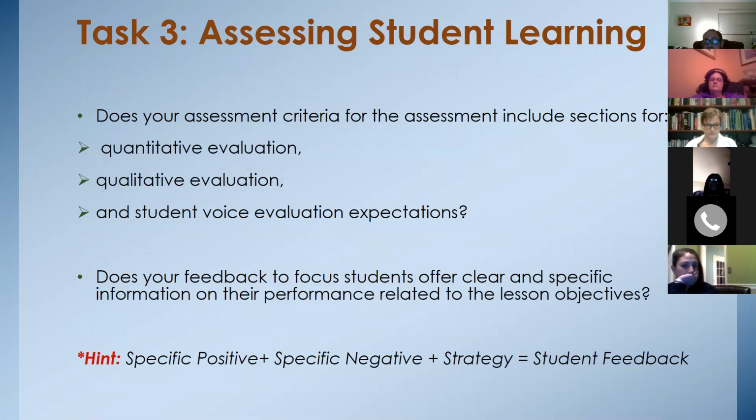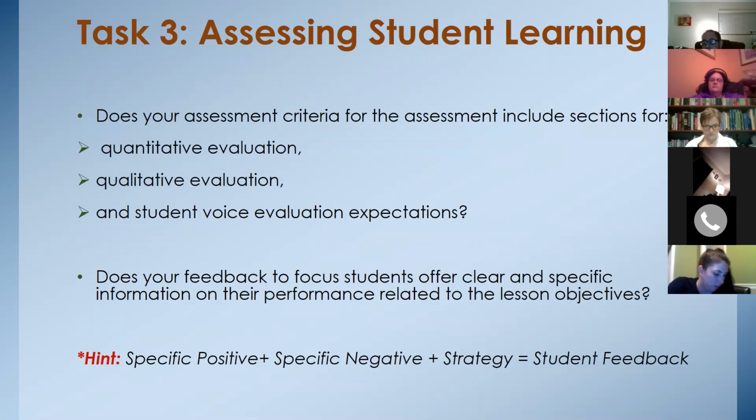Does your feedback to focus students offer clear and specific information on their performance related to the lesson objectives? Hint: specific positive plus specific negative plus strategy equals student feedback. Student feedback is not just a lot of red pen on a piece of paper.